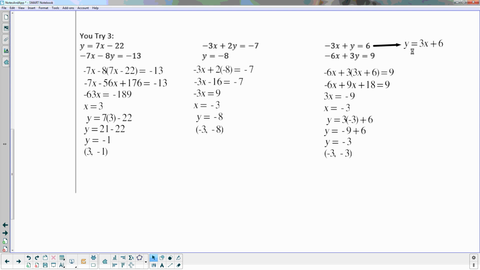In doing this first step, I not only helped myself to do substitution, but I also made it really easy to find one of my variables. I use that equation, 3 times negative 3 plus 6, which is negative 9 plus 6. And so y equals negative 3. So both x and y equal negative 3.